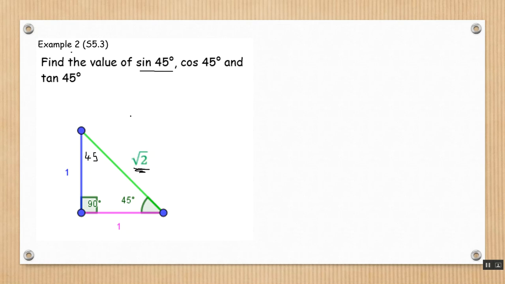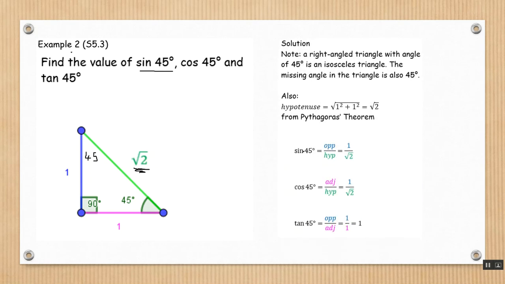So when we do sine 45, we get opposite over hypotenuse, so 1 over square root 2, which you can see here. Cos 45 is 1 over square root of 2 as well.